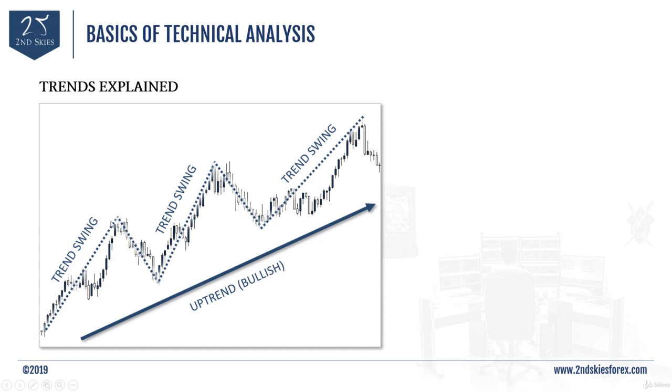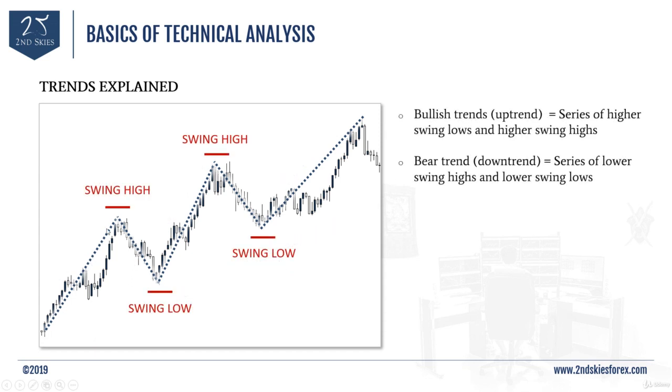So you have a trend swing up and you have a swing down, a swing up, a swing down, and these pullbacks are weaker compared to the trend swings and the trend legs up. And this is what forms the trend. Now, every time price turns, these swing points are formed that you can see here in the chart.